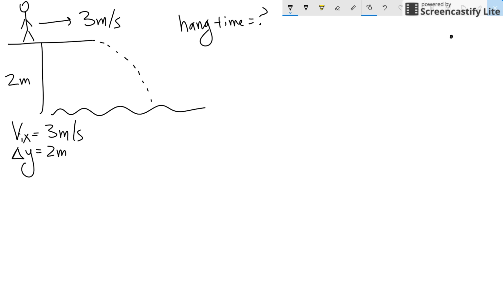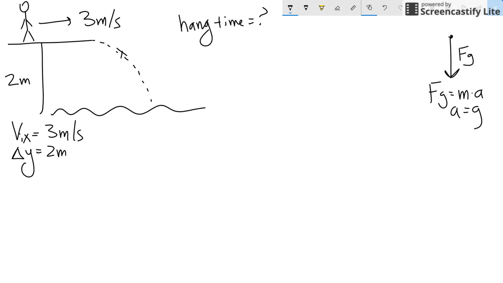I'm going to go off to the side and draw myself a little FBD of the guy as he's in the air, say when he's about here. Again, as we've seen in other projectile problems, I have only force gravity. So if I have only force gravity, I know that my acceleration must be gravity.